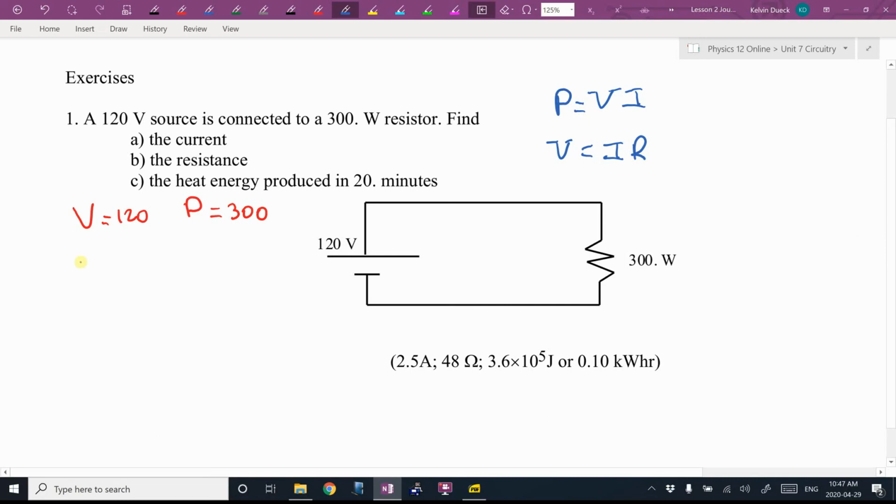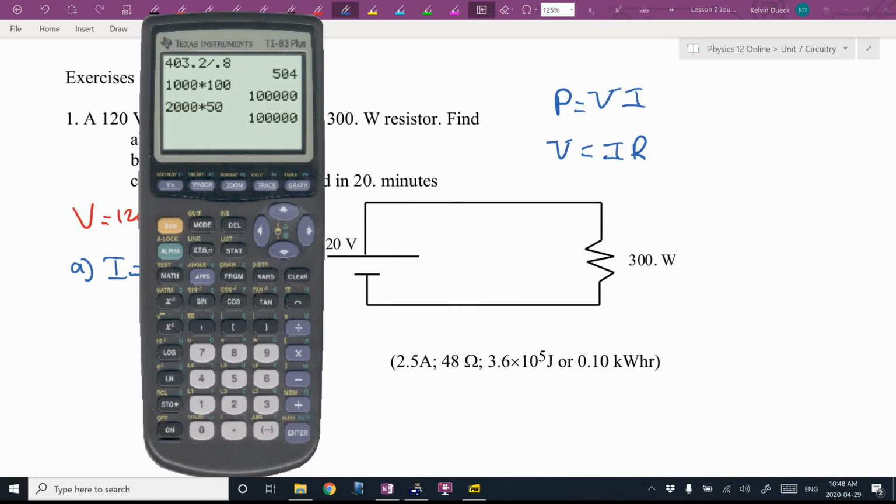So first of all, it wants the current. I'm pretty sure current is going to be power divided by voltage. It's going to be 120 divided by 300. And I get, oh, did I write that right, Mr. Dueck?